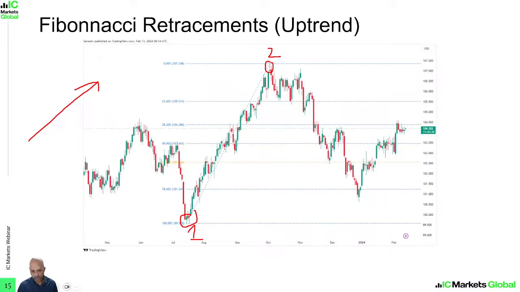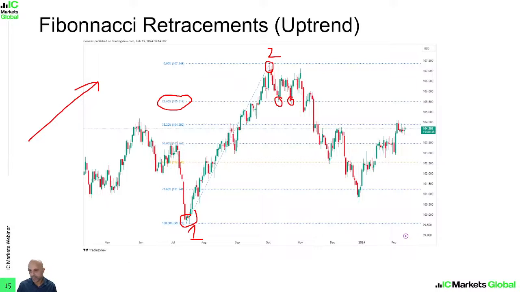In this example here, after price made this high, I believe in early October for the dollar index, we can see as price retreated, it found support not once but twice at the 23.6% Fibonacci retracement, right? So after the second and third candle has played out, perhaps we have taken the view that I would like to go short on the dollar index, right?